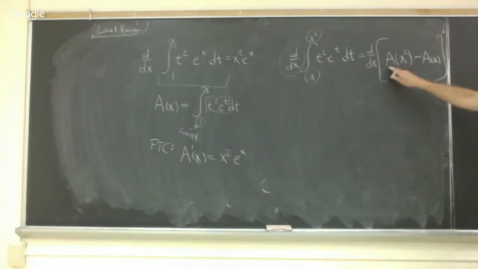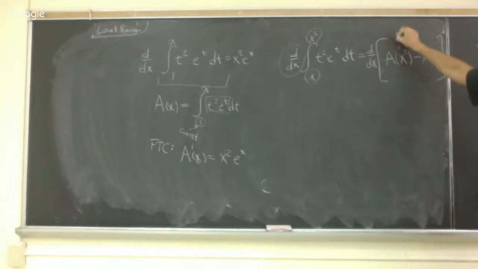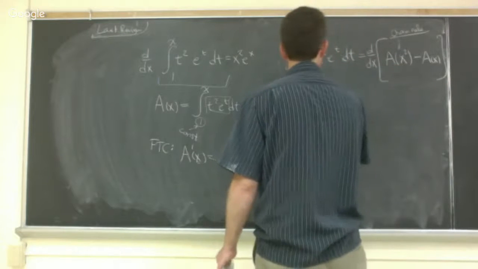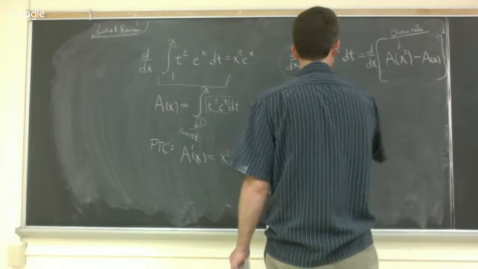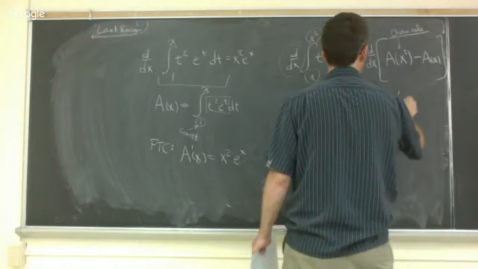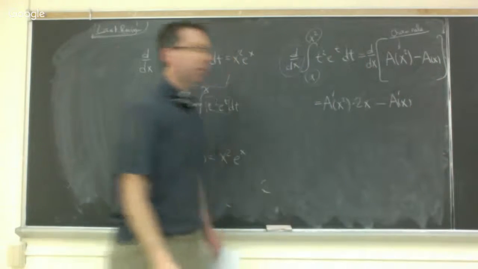Now, when I take the derivative, I'm going to need to use the chain rule. And so we're going to get a prime at x squared times 2x minus a prime at x, no chain rule involved.